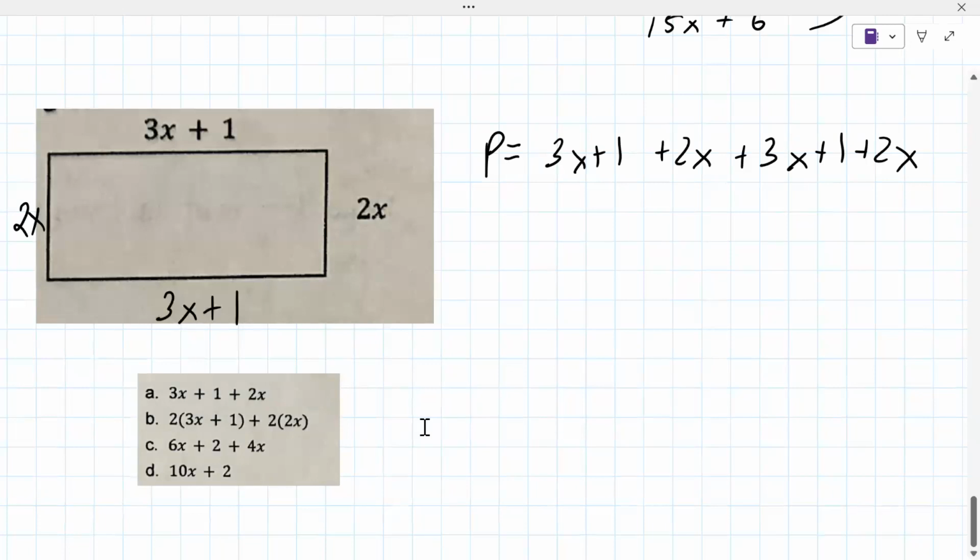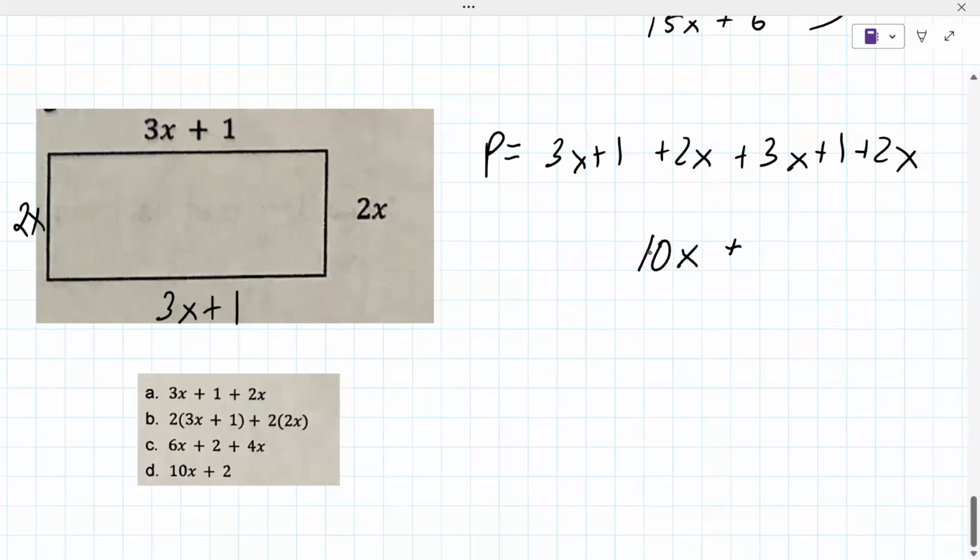Then we'll talk about how to find the other one. Or just tell me what you get when you combine all these x's. 10x. 10x plus 3.